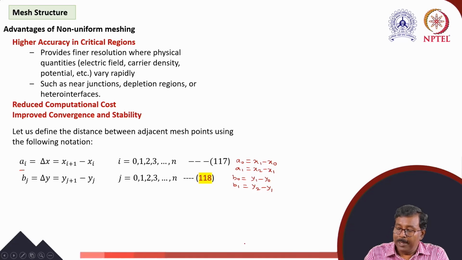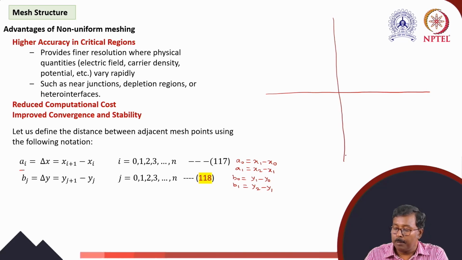Suppose we have a point like this, and if we draw, we can write in this way. Suppose you have a coordinate system, and this is the central point.